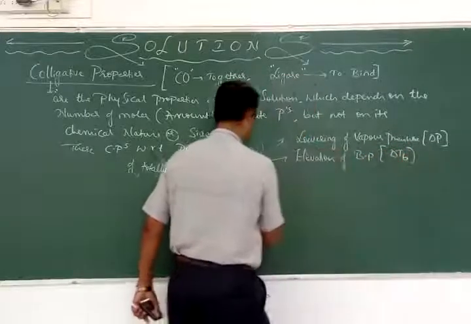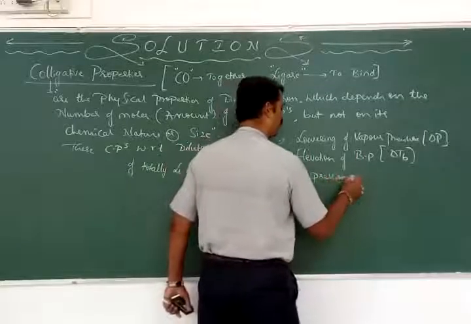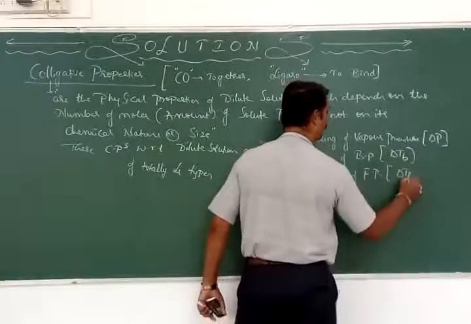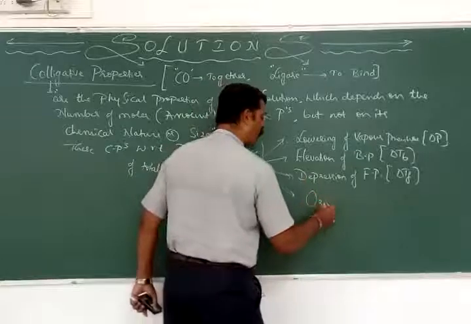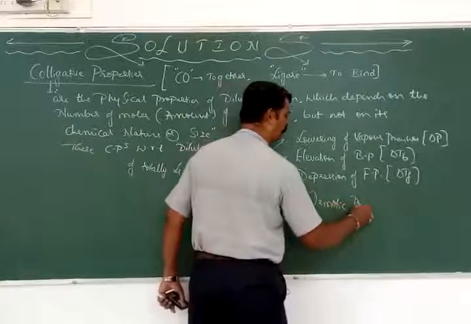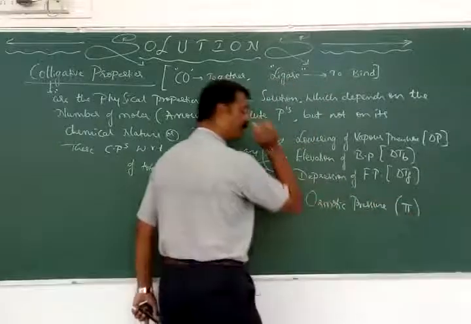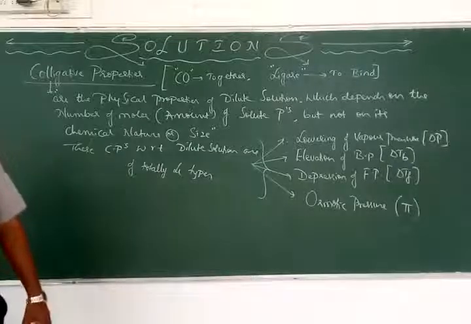Then depression of freezing point, having a symbol of delta TF, and finally the osmotic pressure, having a symbol of Pi.